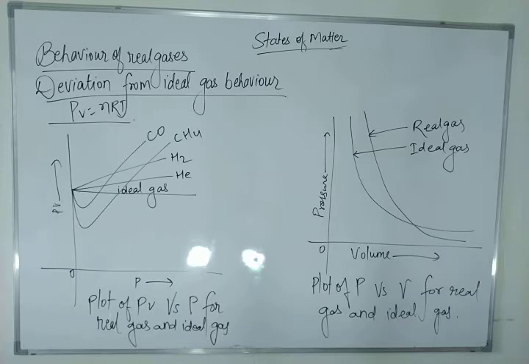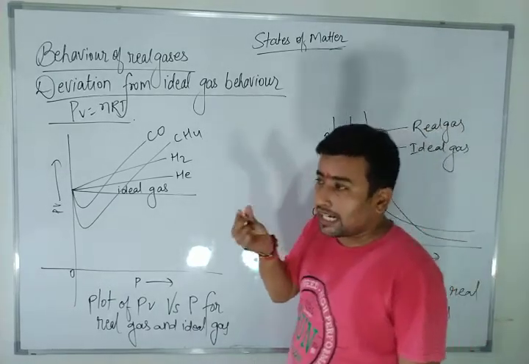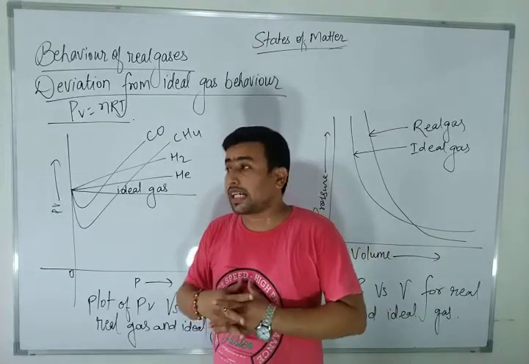And the second thing is, the volume of the molecules of a gas is negligibly small in comparison to the space occupied by the gas. Means, if we talk about the whole cylinder and a single atom, it is negligible.